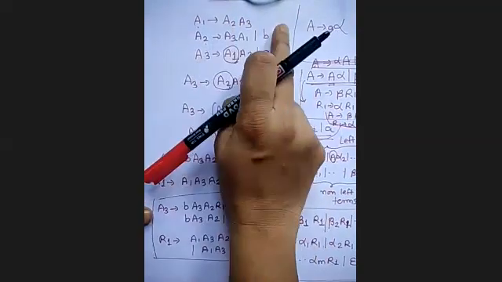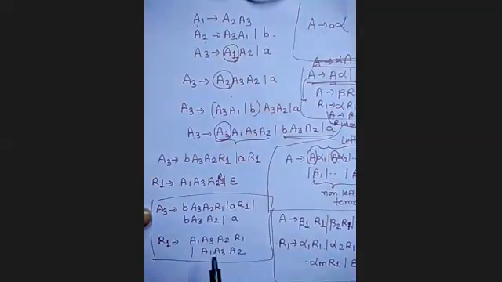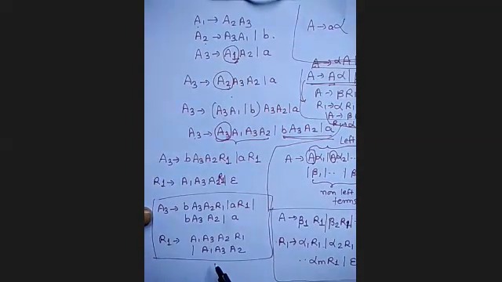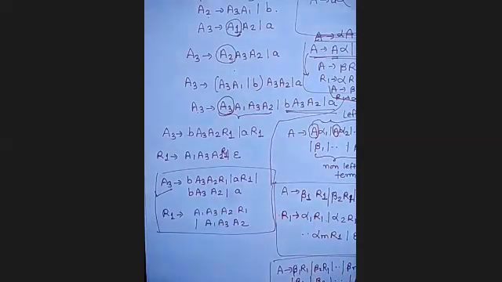Once A1 is converted, A1 productions we can substitute here in the R1 so that R1 is also in that format. So now the task that remains is substitution. So do it and write the final grammar, because now only A3 productions are in that format. R1, A1, A2 are not in that format.